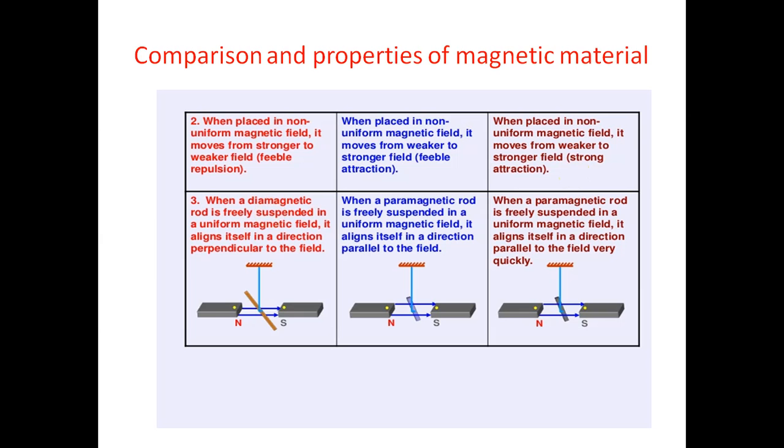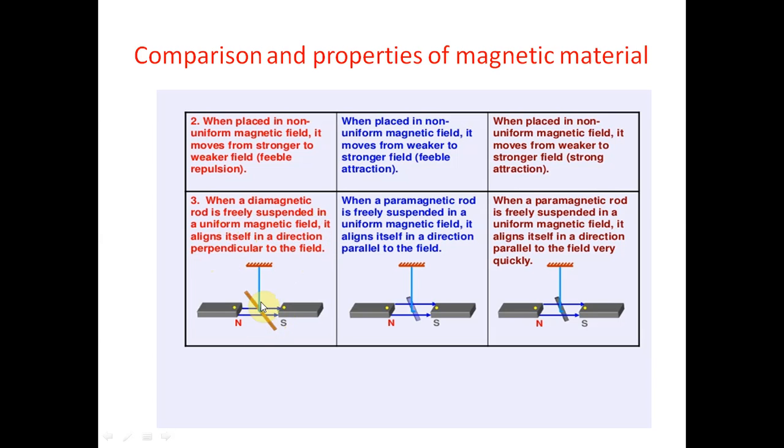Now, next is if a dia, para or ferromagnetic material is placed in an external magnetic field, then how will be their alignment? In case of diamagnetic material, it aligns itself in a direction perpendicular to the field.